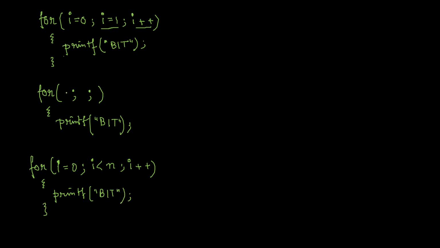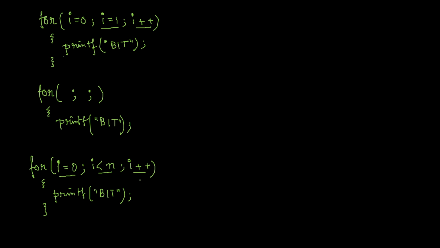Since you have seen that it is not mandatory to write some statement in this part or the middle part or the last part, that means to make it a proper loop which is not infinite, you can place this I equal to 0, I lesser than n and I plus plus parts in other places of the program.